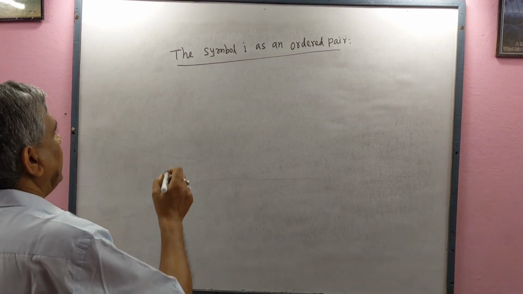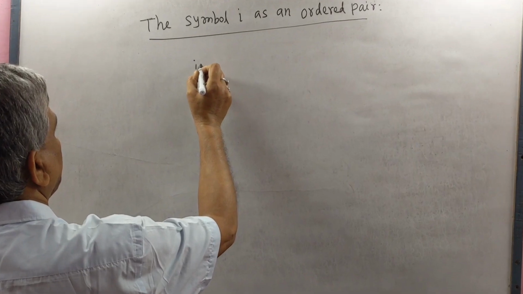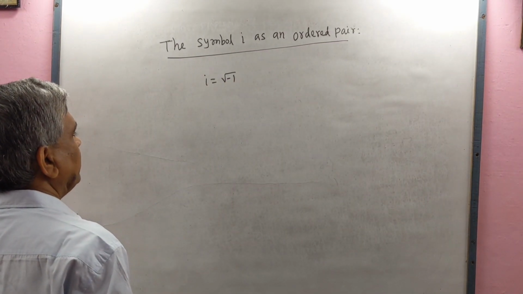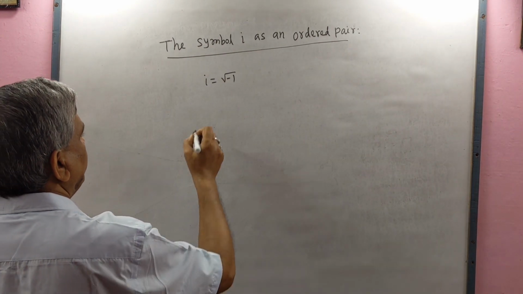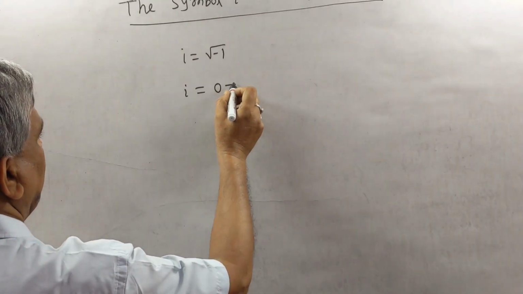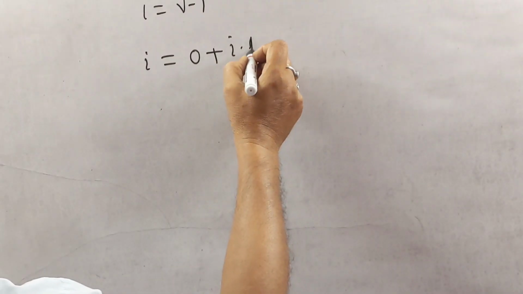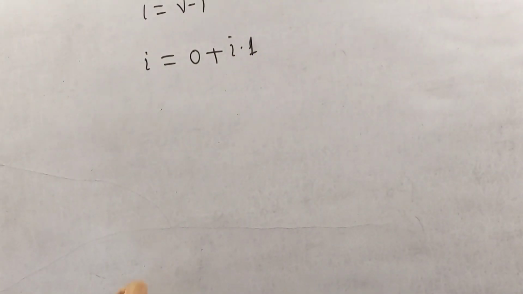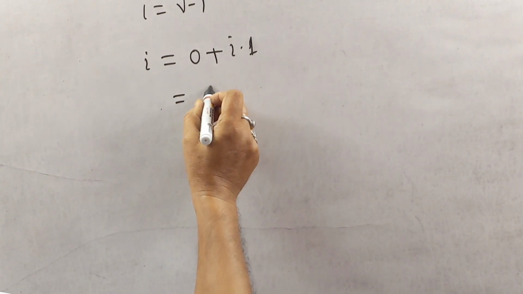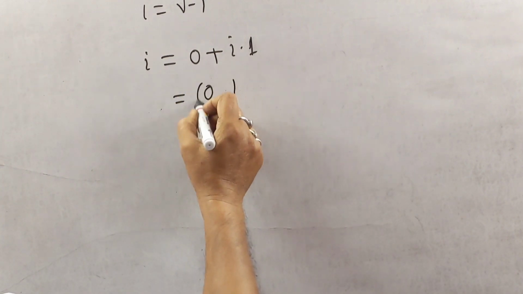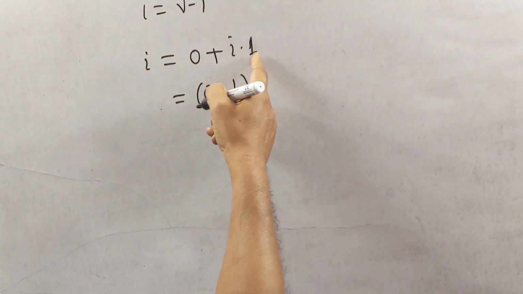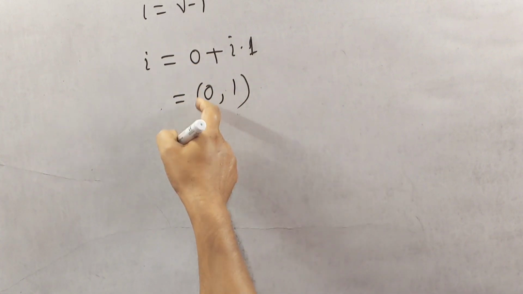The symbol i equal to square root minus 1, which is an imaginary number. We may write i equal to 0 plus i times 1. In terms of ordered pair, we may write (0, 1). Here x plus iy is (x, y), so (0, 1).